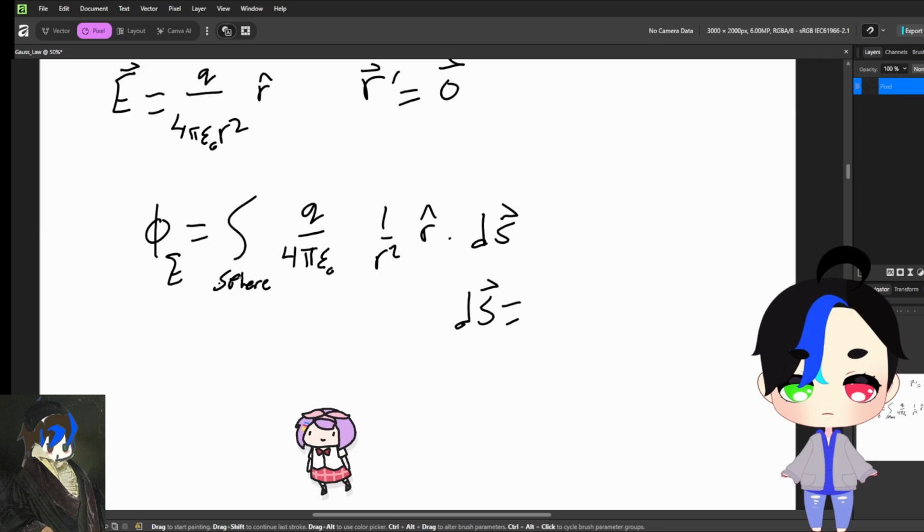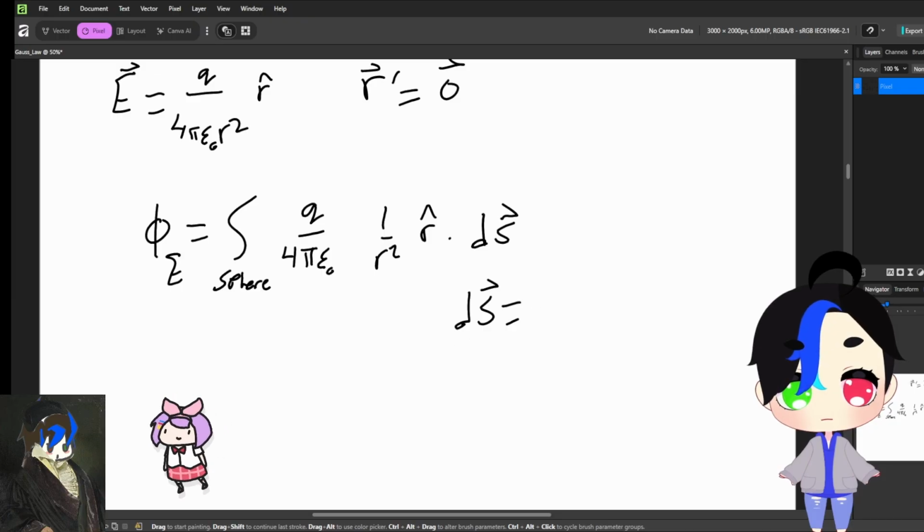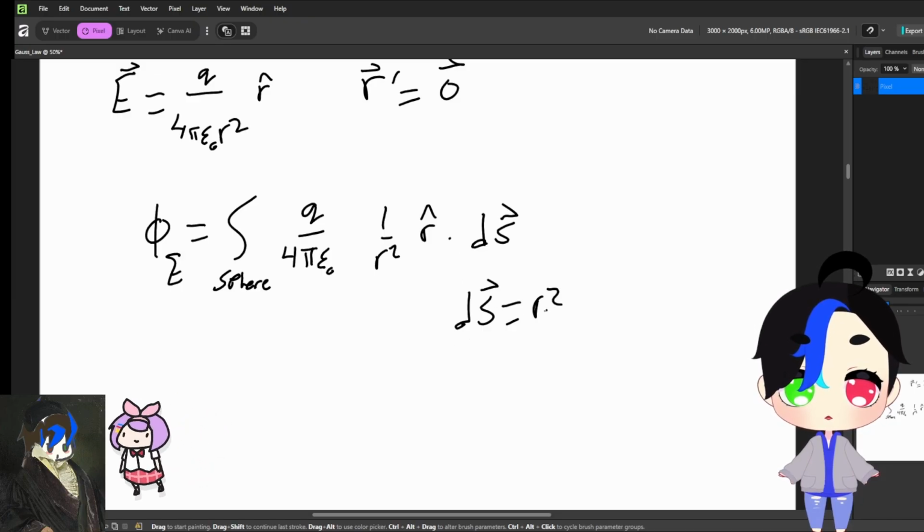Because we have spherical symmetry in this problem in particular, I'm going to express this surface area element in spherical coordinates. So that ends up being r squared sine theta d theta d phi r hat.